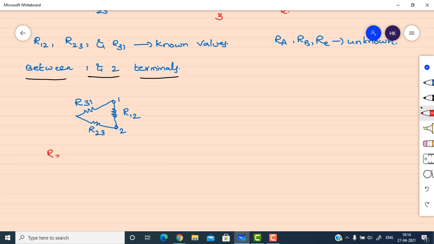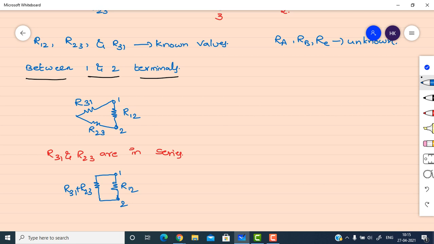So R31 and R23 are in series. A series combination means we add the two resistors. This is R12, and this series combination is R31 plus R23. These are terminals 1 and 2, so we need only one resistor between 1 and 2.